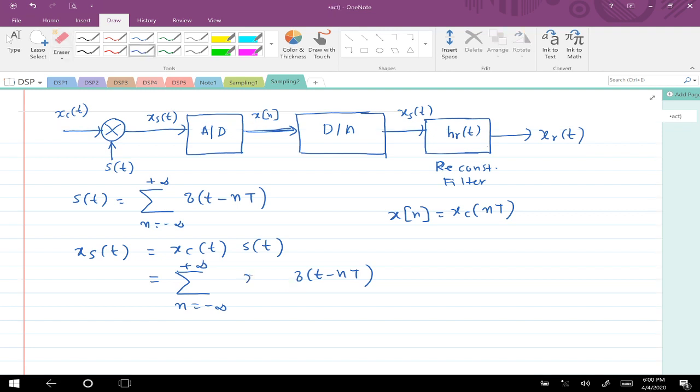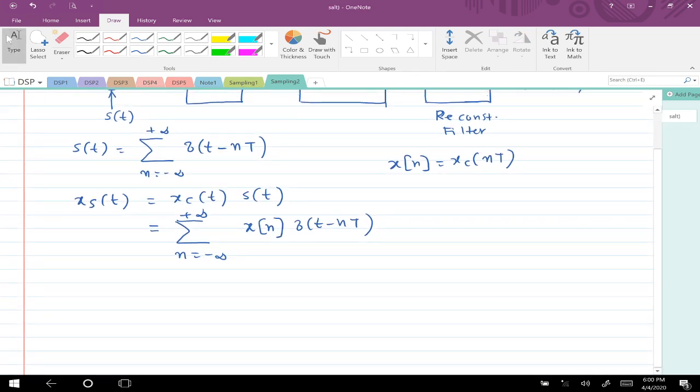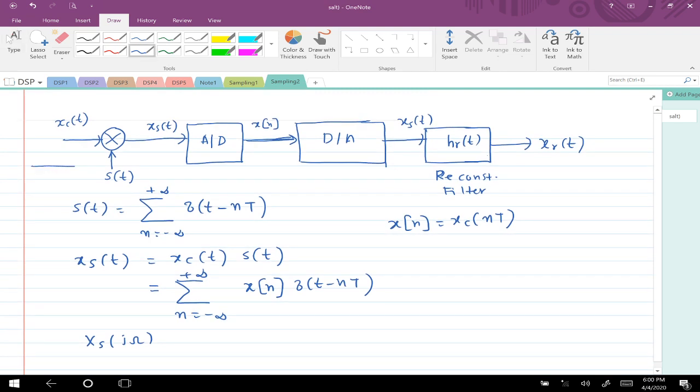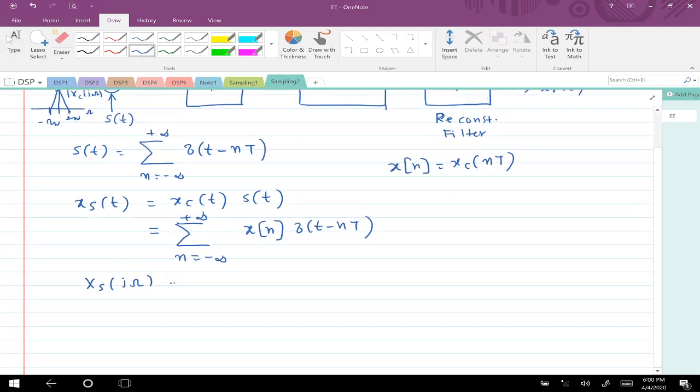Keeping in view what we are going to do subsequently, I am writing it as x of n here. Another thing we derived in the last class is, if xc of t is a bandlimited signal, with this being the spectrum xc of j omega, from minus omega n to omega n, we worked out the spectrum of xs of j omega. It has multiple copies placed at integer multiples of omega s.